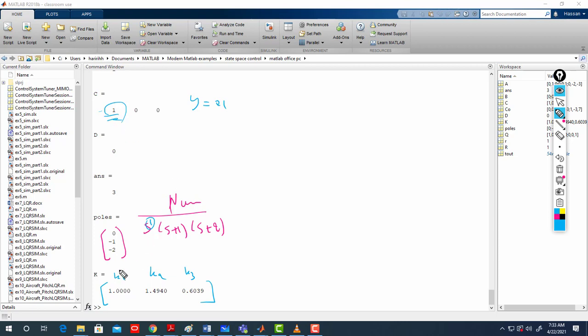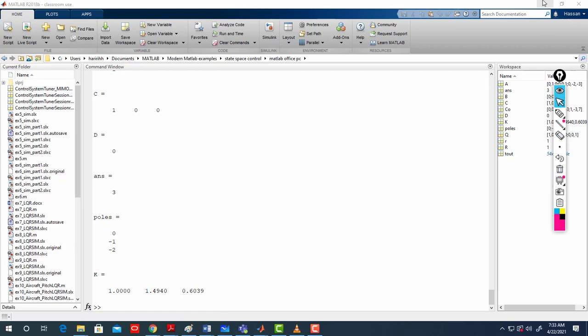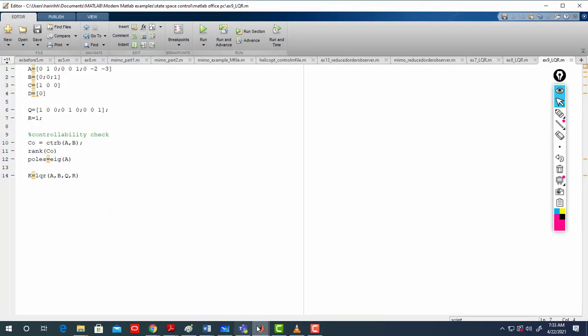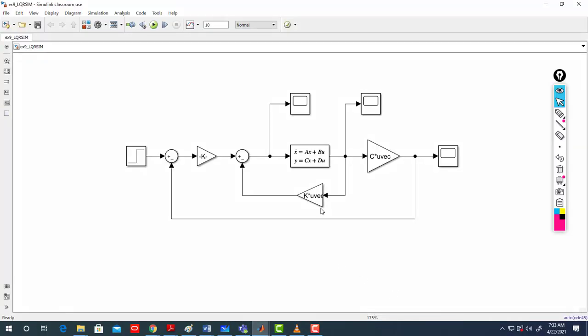So I'm controlling only x1, and I will feed back the remaining two states. That's what I did here. So I put K2, K3 in here and K1 in here.